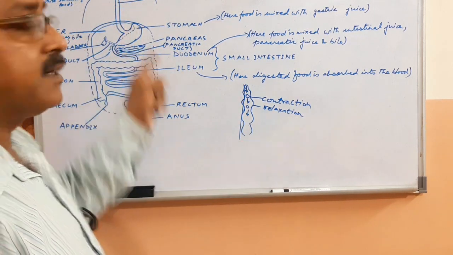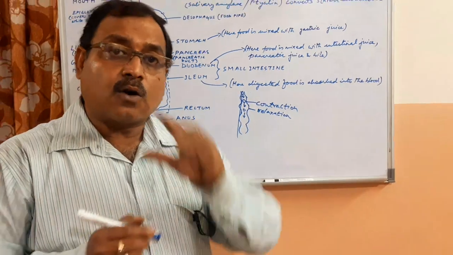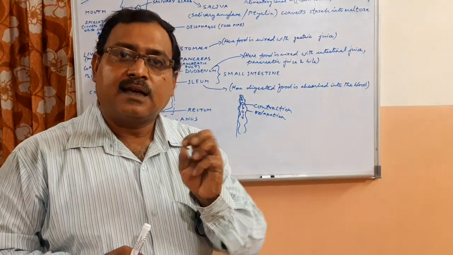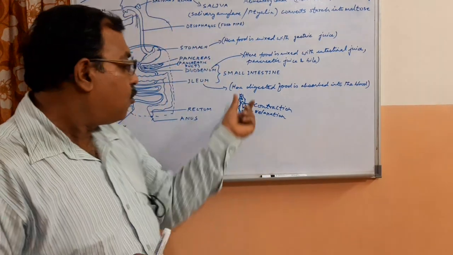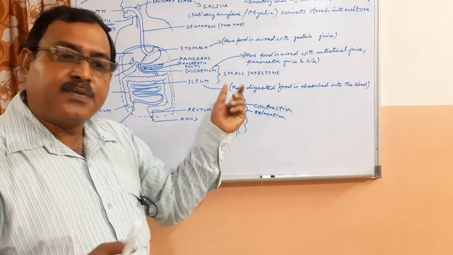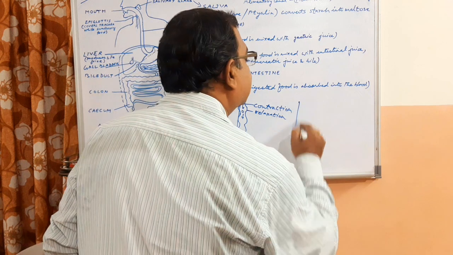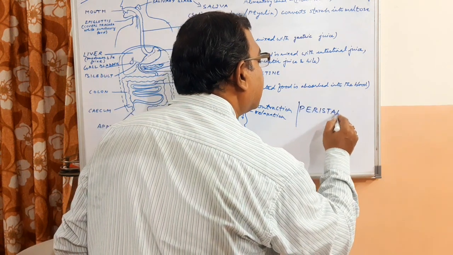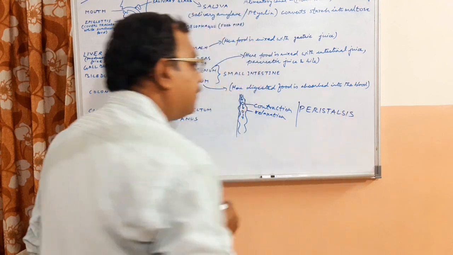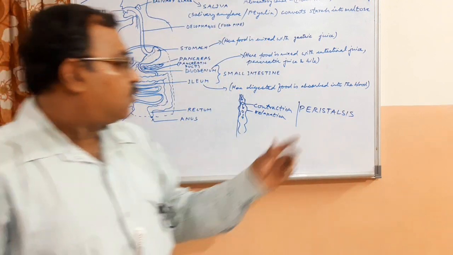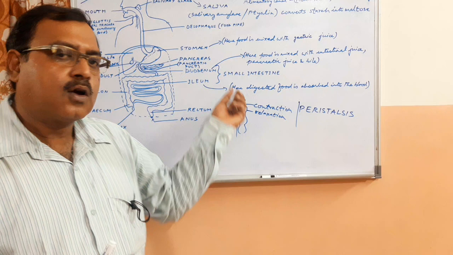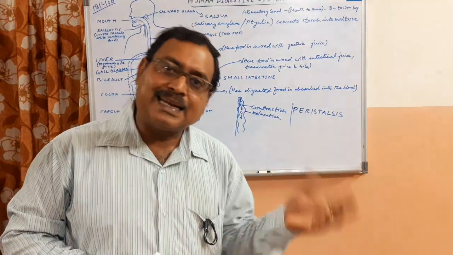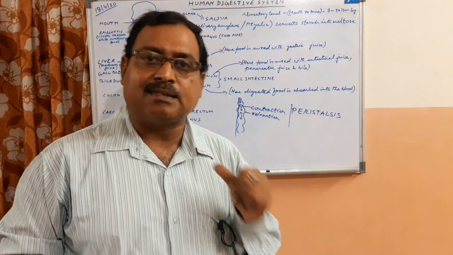of the esophagus. This alternate contraction and relaxation of the esophagus gives the shape of a wave, and this is called peristalsis. So, this alternate contraction and relaxation movement is called peristaltic movement or peristalsis.